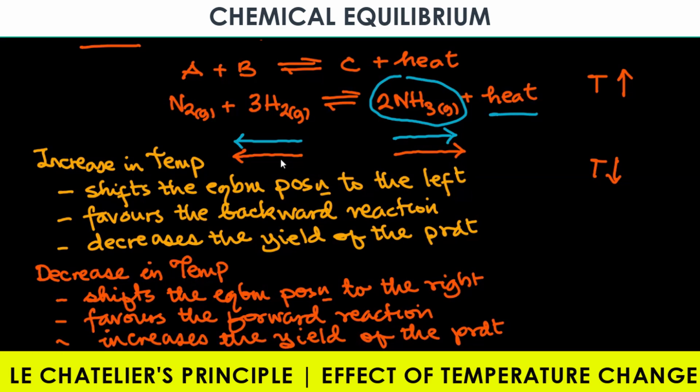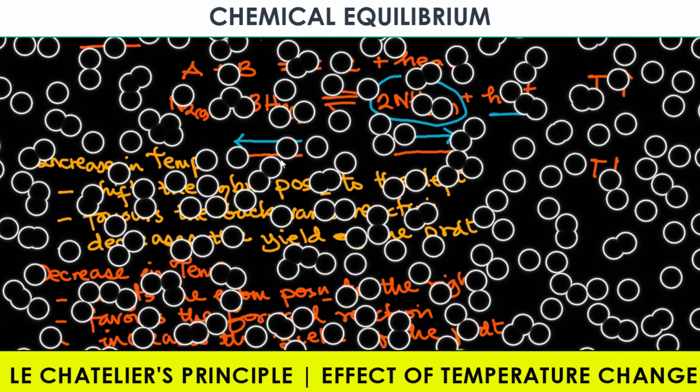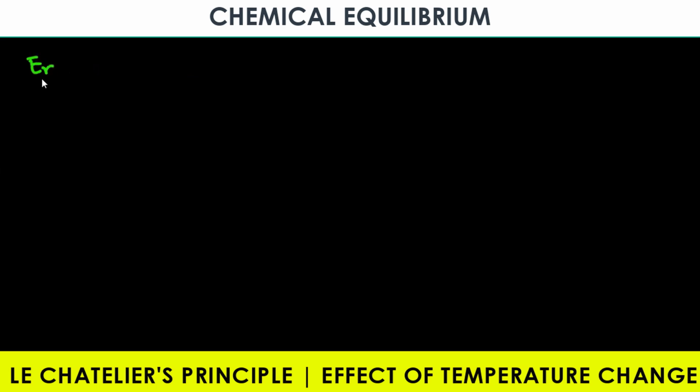All right, let's move on to endothermic reaction. For endothermic reaction, delta H is what? Positive, greater than 0. So, as usual, let's use a hypothetical equation. Since delta H is positive, in an endothermic reaction, heat is taken in from the surrounding by the system, which means that heat is part of the reactant in an endothermic reaction.